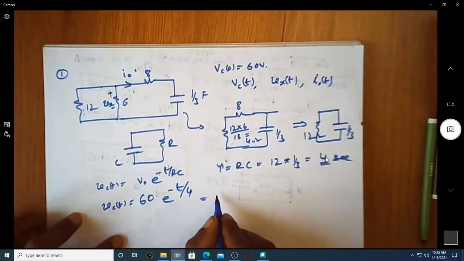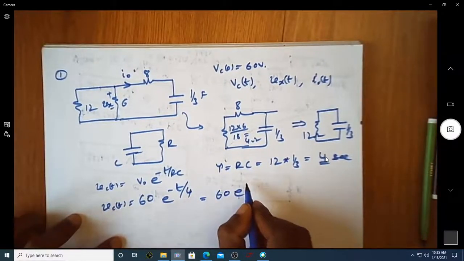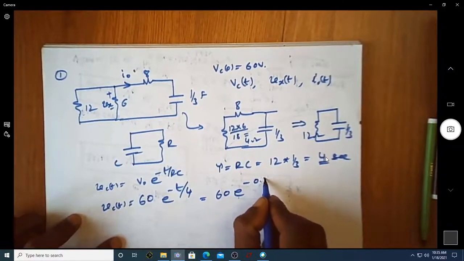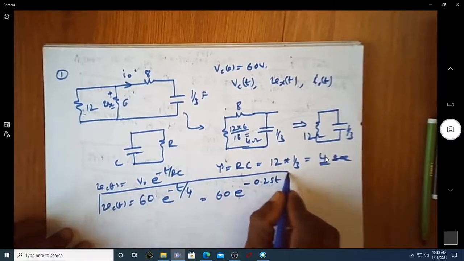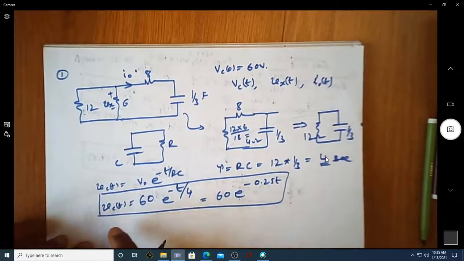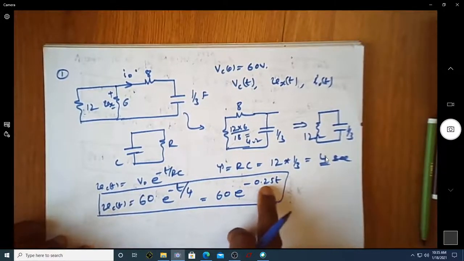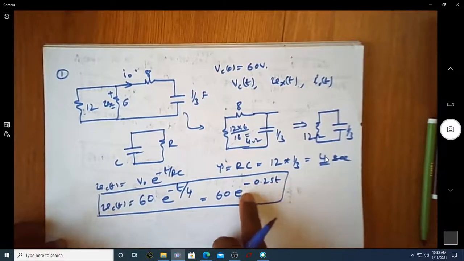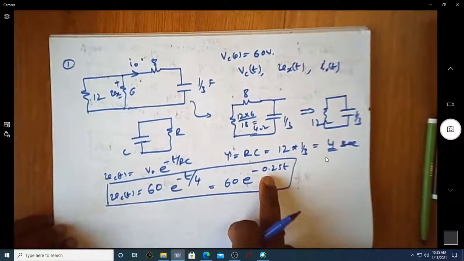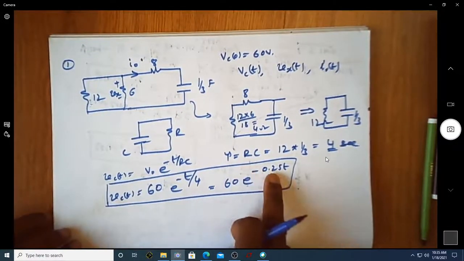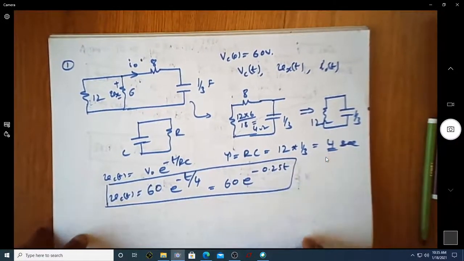So this comes out to be 60 e power minus 0.25 t. This is the expression for the capacitor voltage with respect to time. It decays at this rate, e power minus 0.25 t, because this 0.25 is 1 over tau.